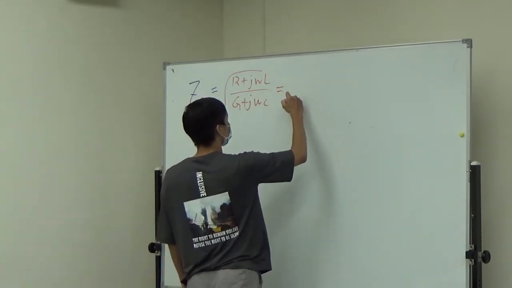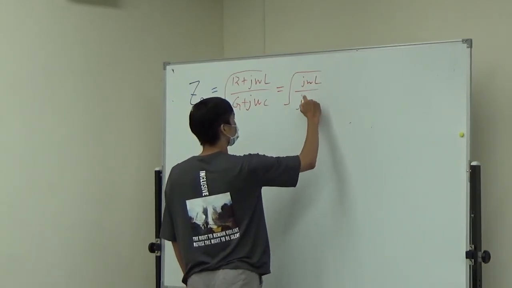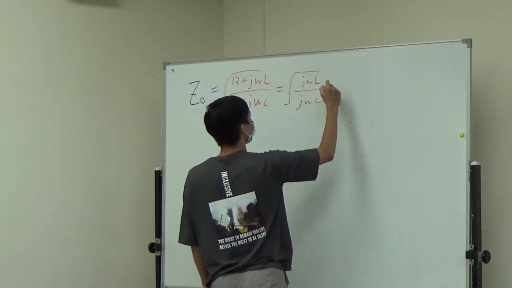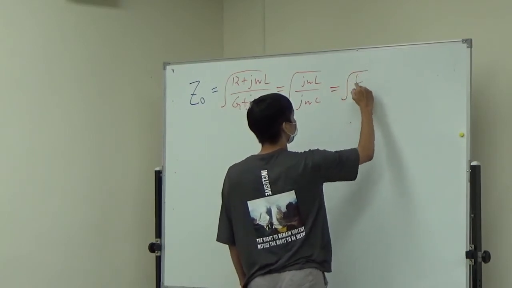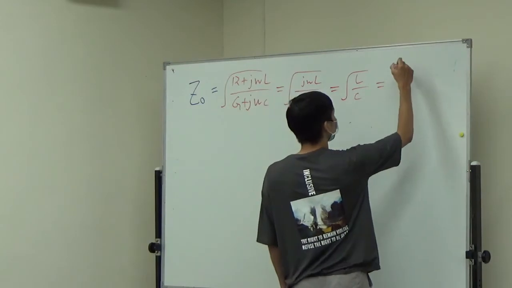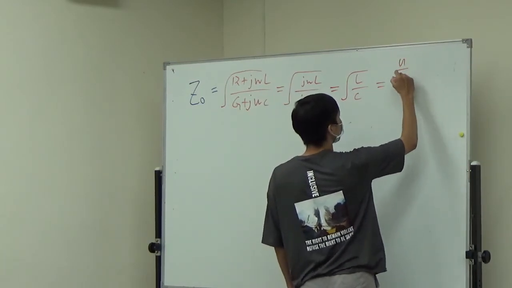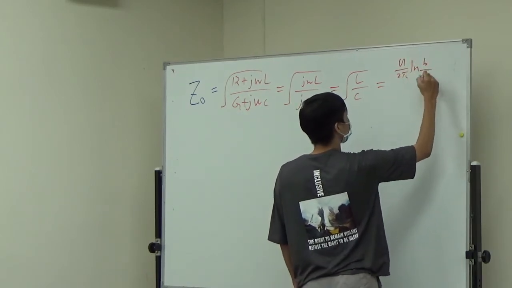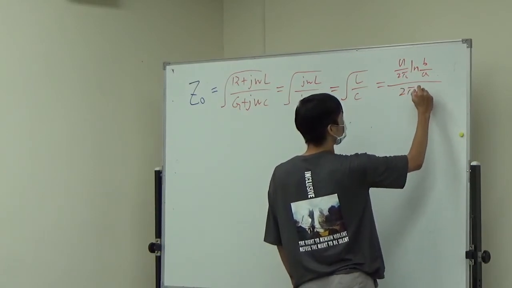If this is a lossless transmission line, that's it. Equals to, okay. Then wait. For a coaxial cable, L equals to, yeah, 10 points.